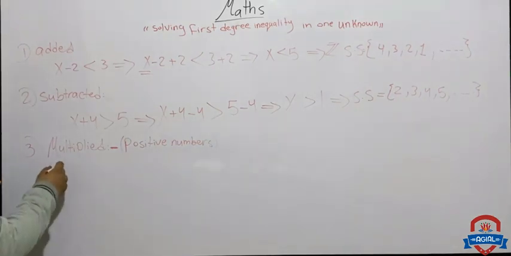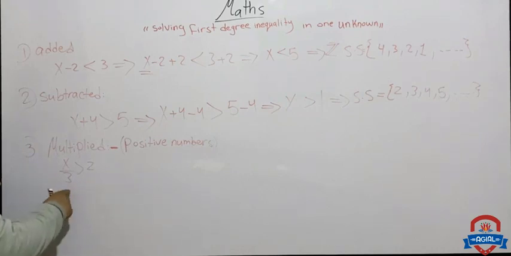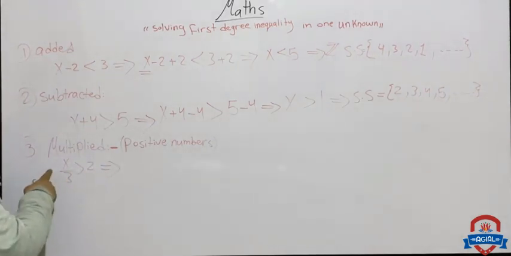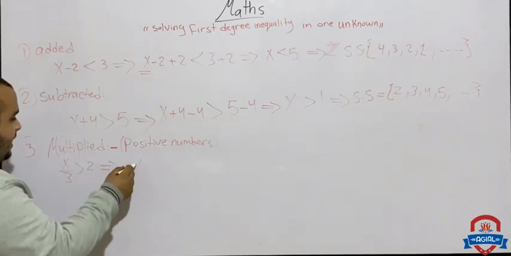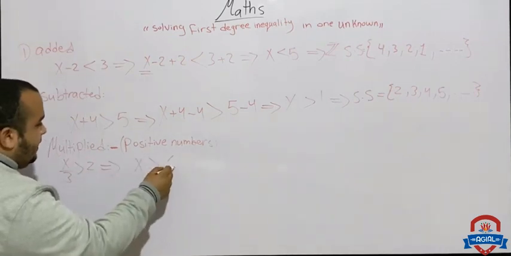For example, if we have x over 3 more than 2, to solve this inequality, we need to multiply both sides by 3. So the left hand side equals 3 times x over 3, which equals x, and the right hand side equals 2 times 3, which equals 6.